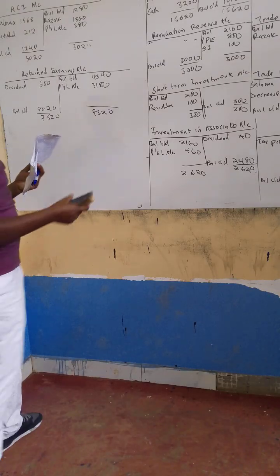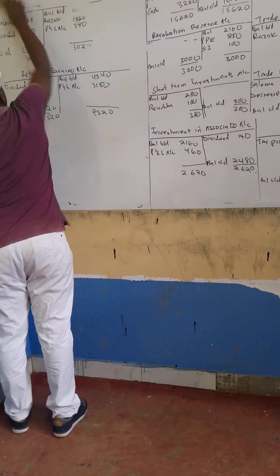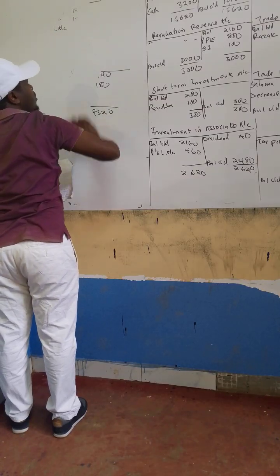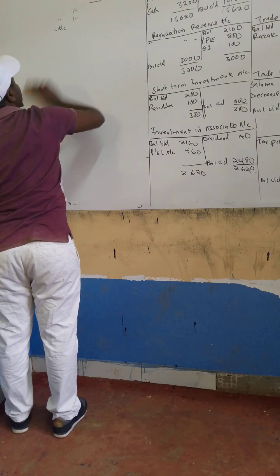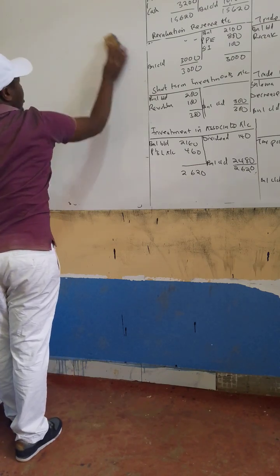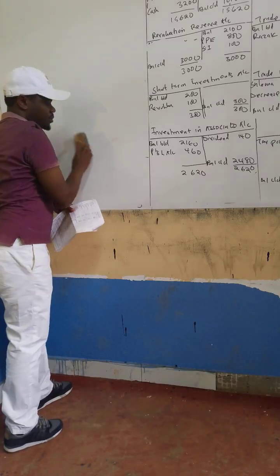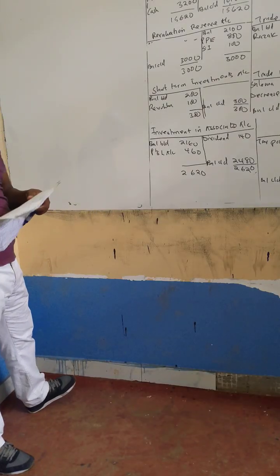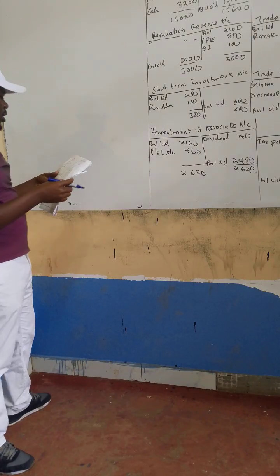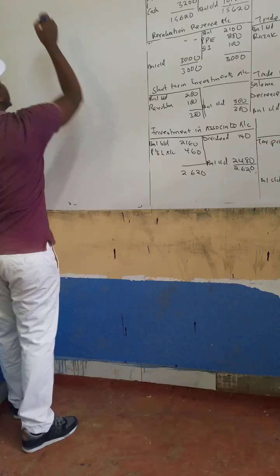Sorry, I was not mentioning the workings. So let's start by consolidating this cash flow statement from these activities. There was also a loan. You can see there's a difference in the loan, we just complete that one directly.